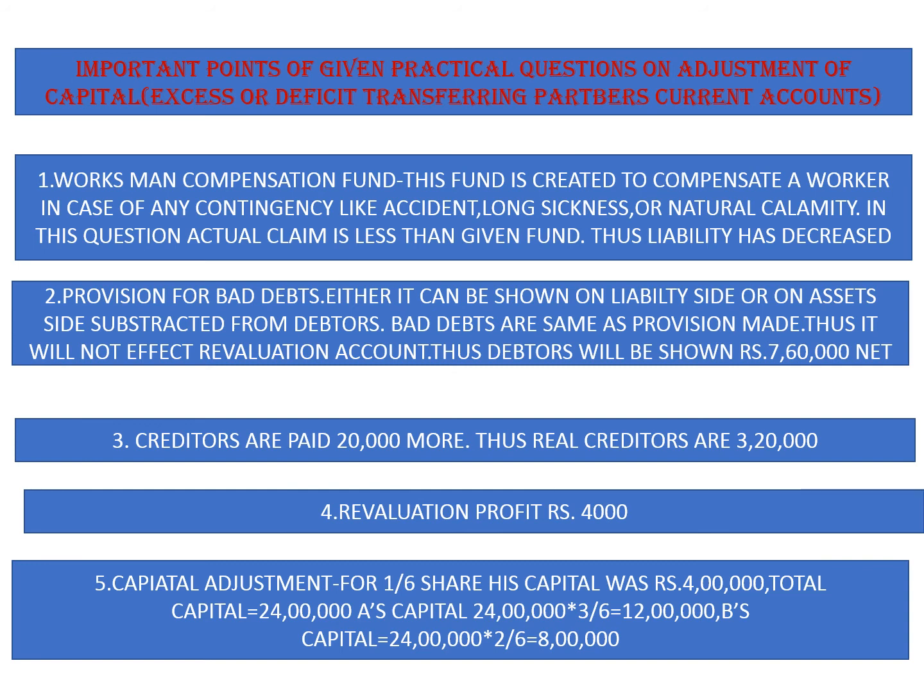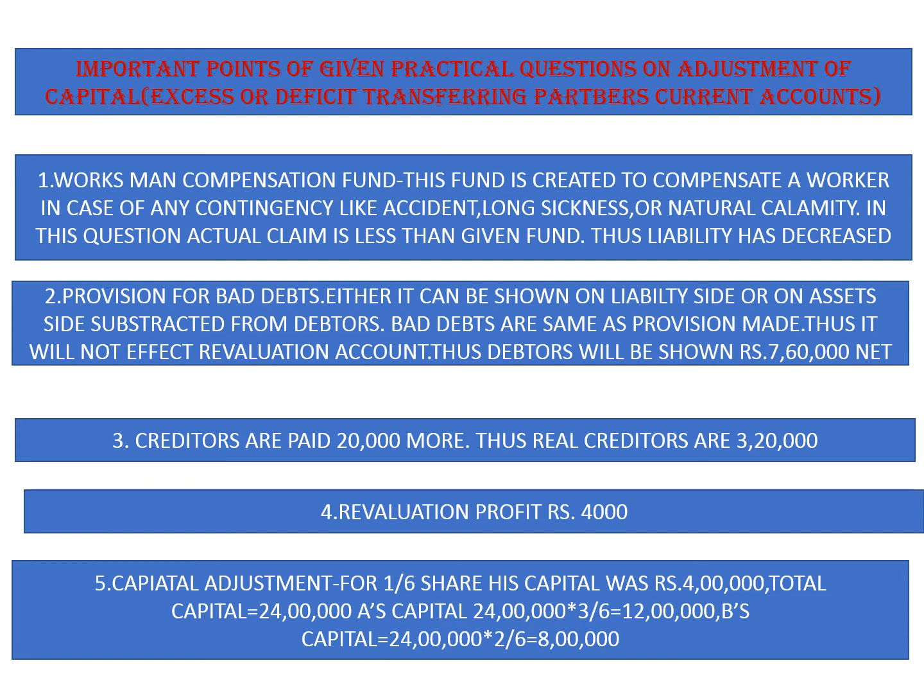Now what he says, capital accounts adjustment. For 1/6 share it is 4 lakh, total capital should be 8 lakh. Then we are having capital adjustments. For 1/6 share, C is paying capital rupees 4 lakh.